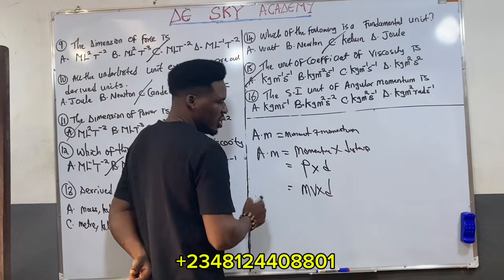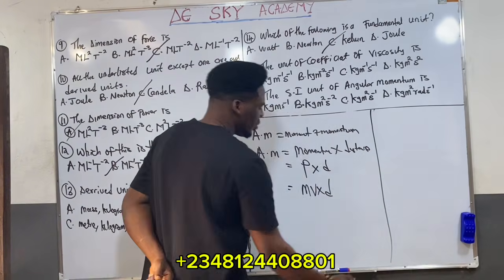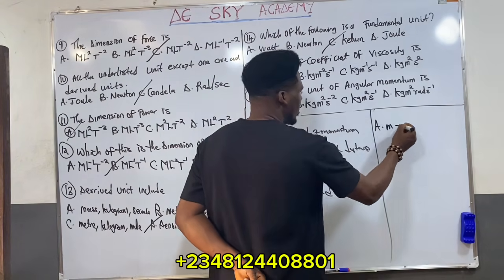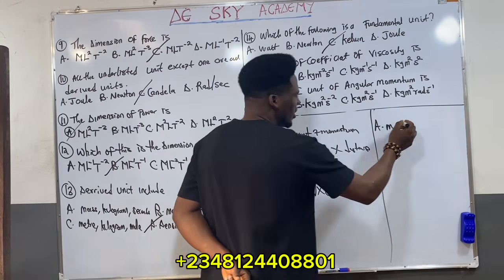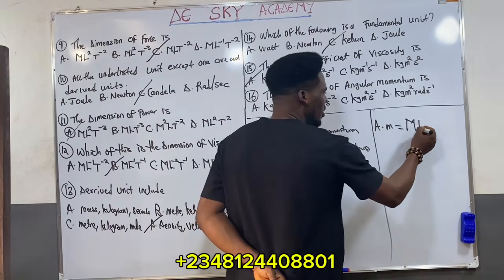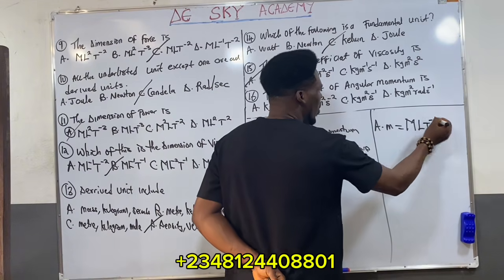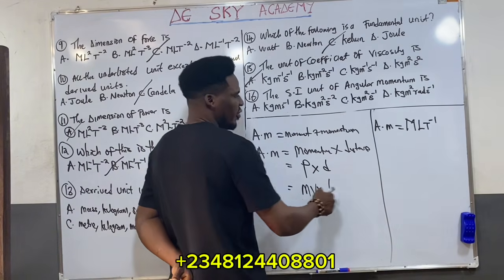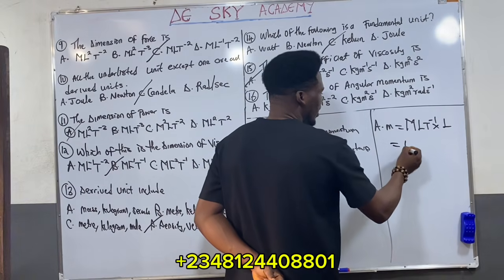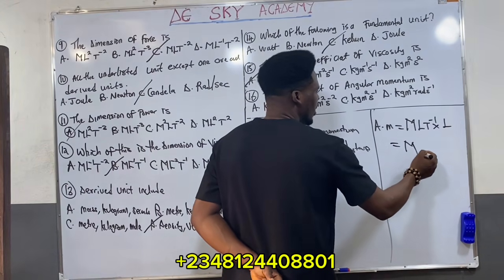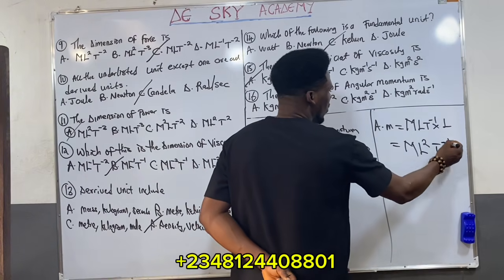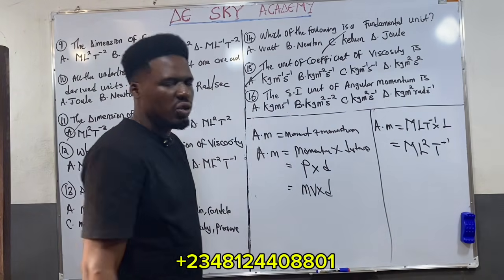What will be the dimension for mass? Dimension for mass is M. Dimension for velocity is L T bar 1. Then dimension for distance is L. So I will now have M L times L is L square, then T bar 1. We are not looking for dimension, we are looking for units.